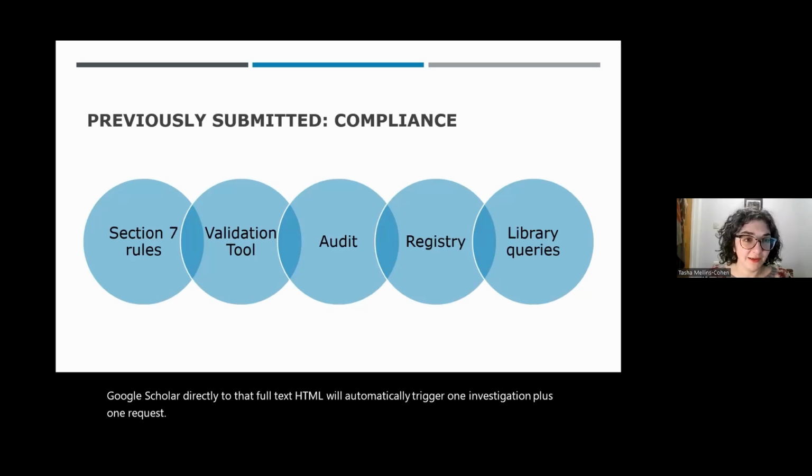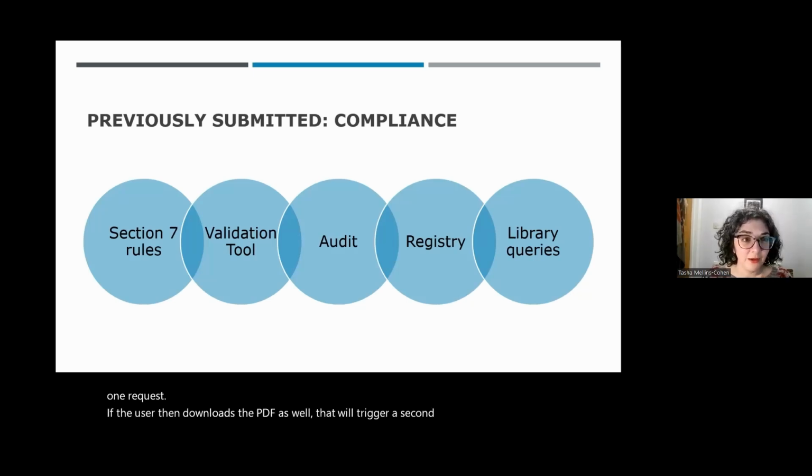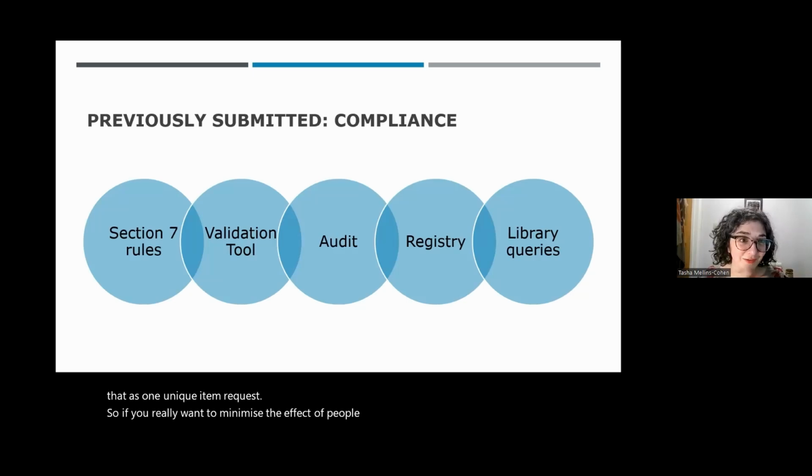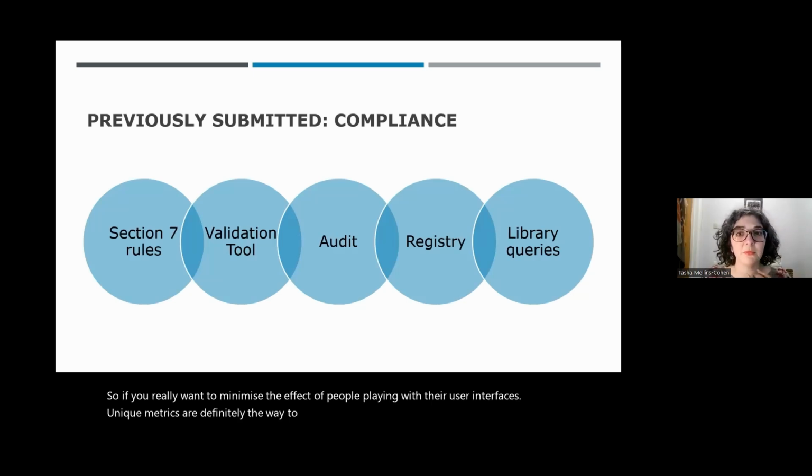If the user then downloads the PDF as well, that will trigger a second request. So that's 2 total item requests. We deduplicate that, or we require publishers to deduplicate that, as one unique item request. So if you really want to minimize the effect of people playing with their user interfaces, unique metrics are definitely the way to go.